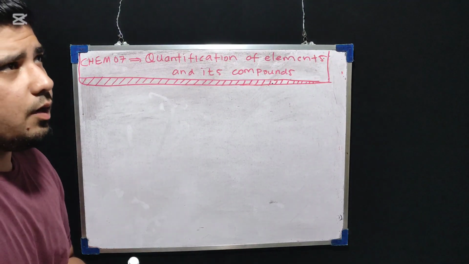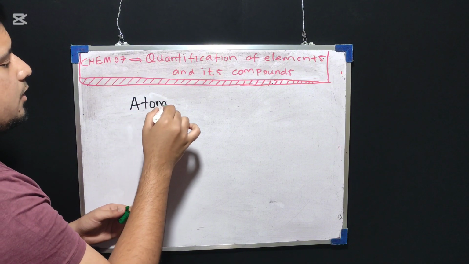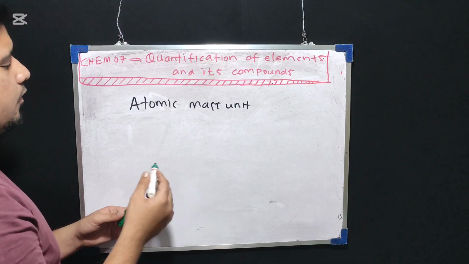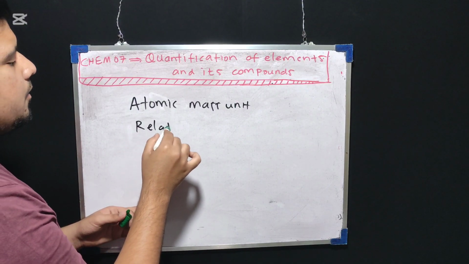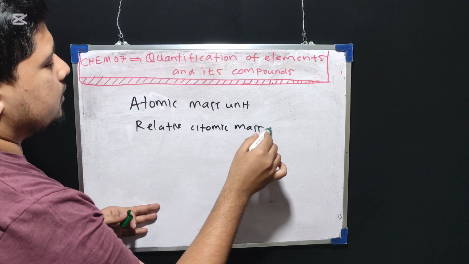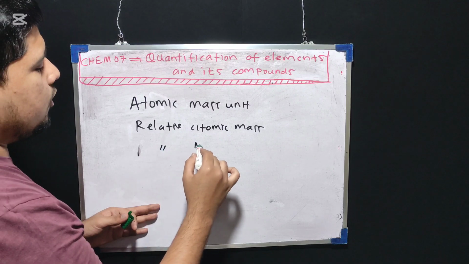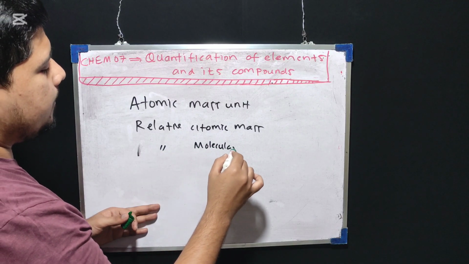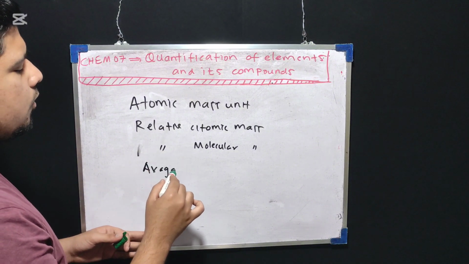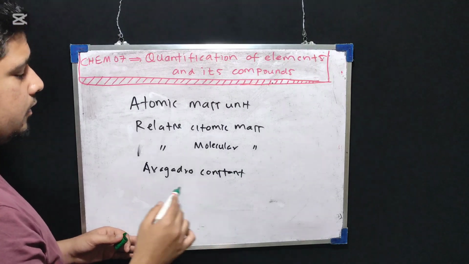In this topic, what will we be discussing? We'll be discussing the atomic mass unit, what is called the atomic mass unit, and then relative atomic mass, and then relative molecular mass, and then something called the Avogadro constant, and mole.